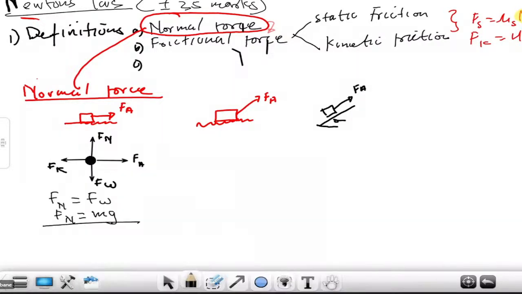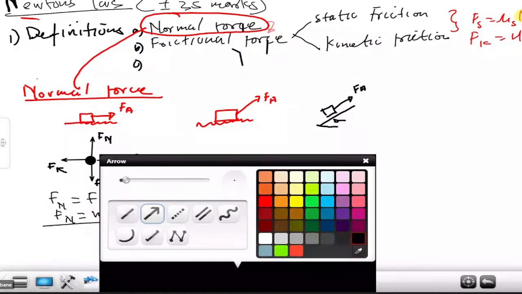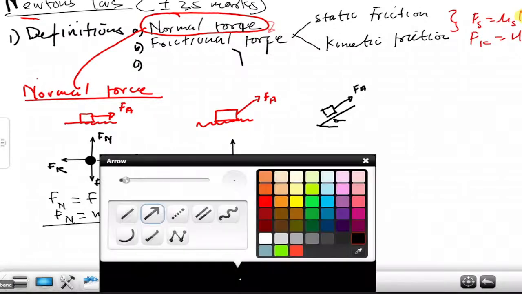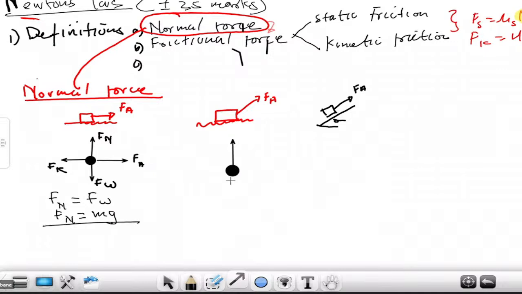So with that being said, can it be the same when an object is pulled at a certain angle? Let's draw a free body diagram. This is where the majority of mistakes come in. You have your normal force, your FW, your force applied, and your frictional force.